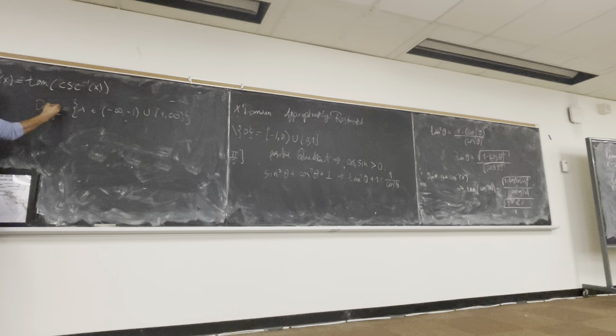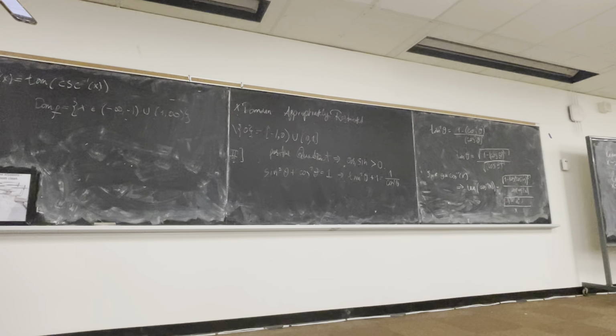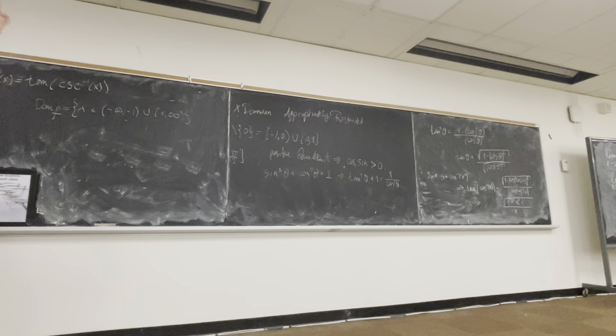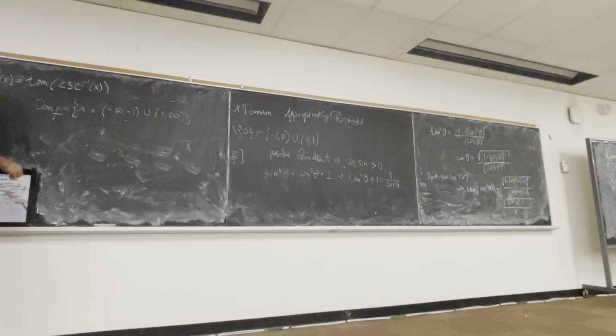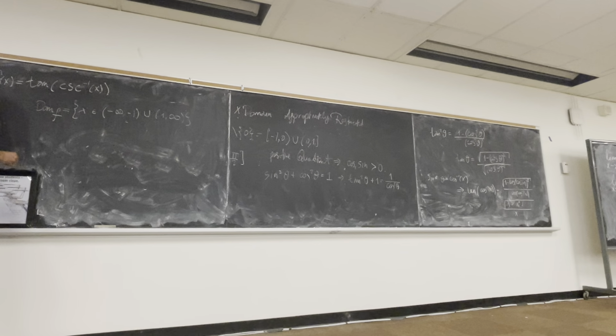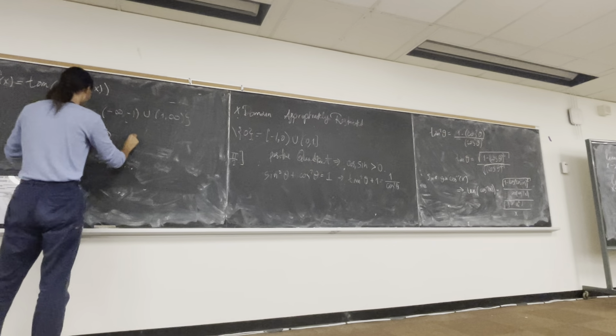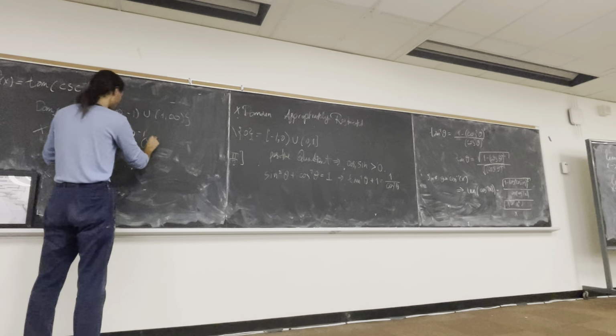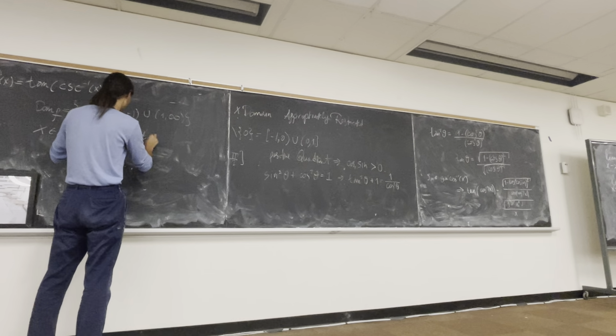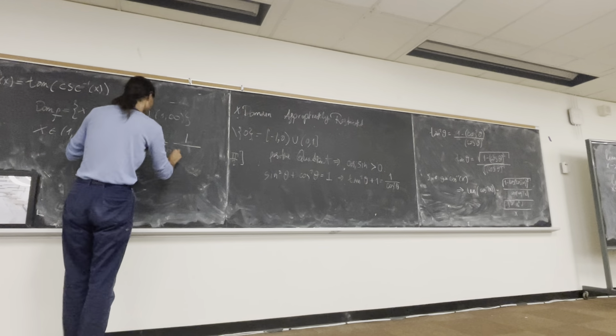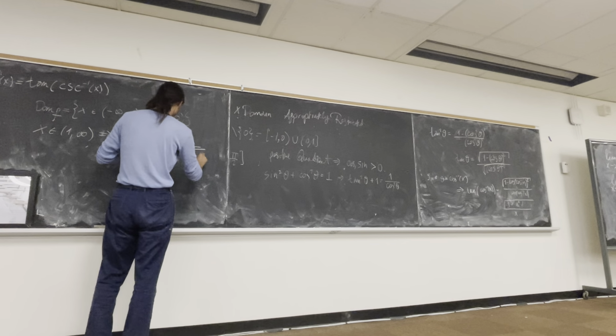So this is our f, and we want to rewrite it without trigonometric functions, using square roots and polynomials. That's the same goal. Please don't make me write it. The claim is this: if x is in 1 to infinity, then f inverse of x is equal to 1 over the square root of x squared minus 1.